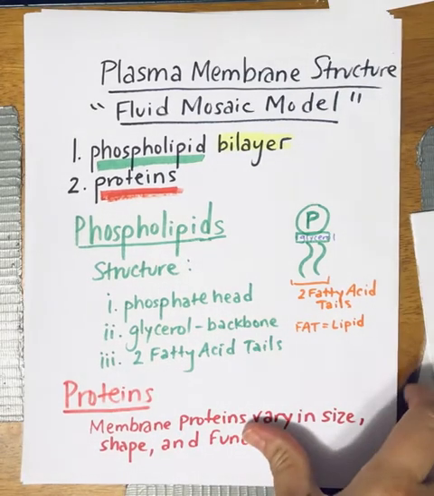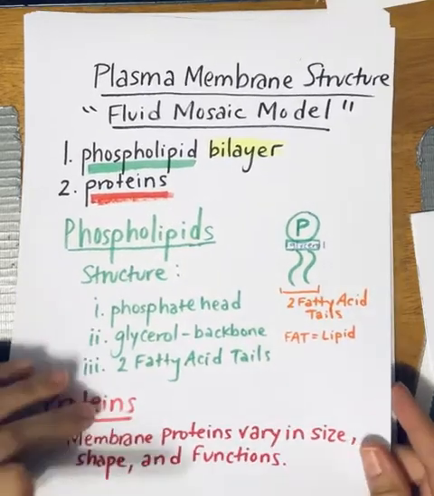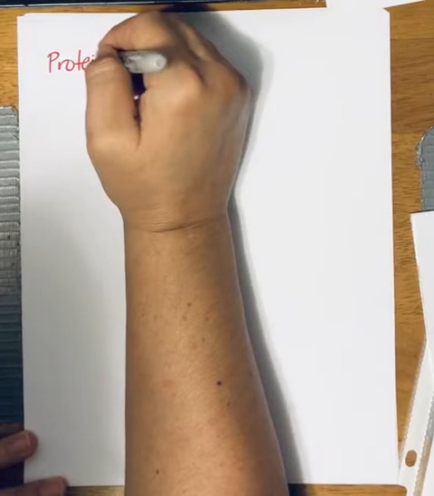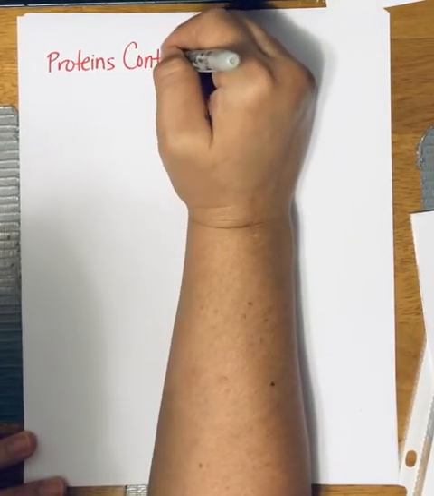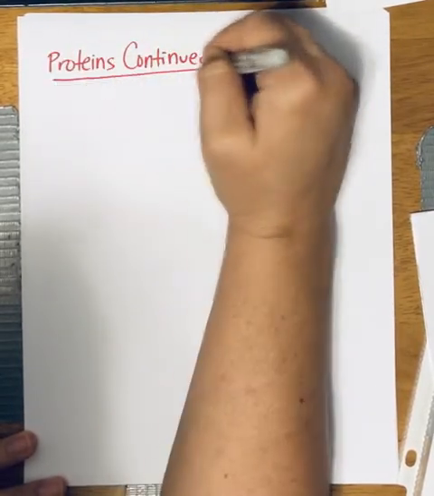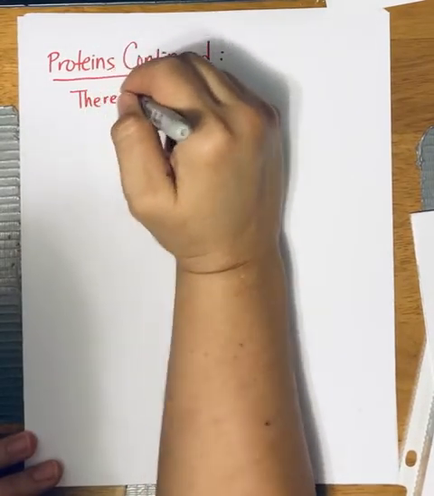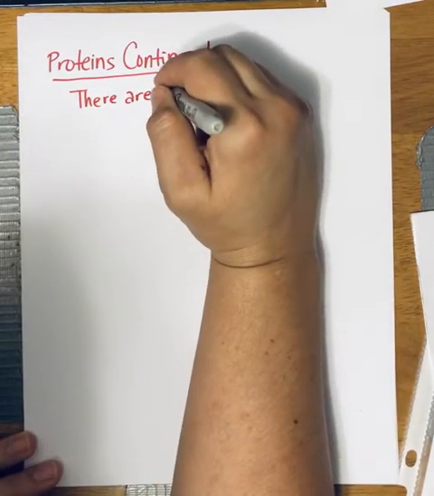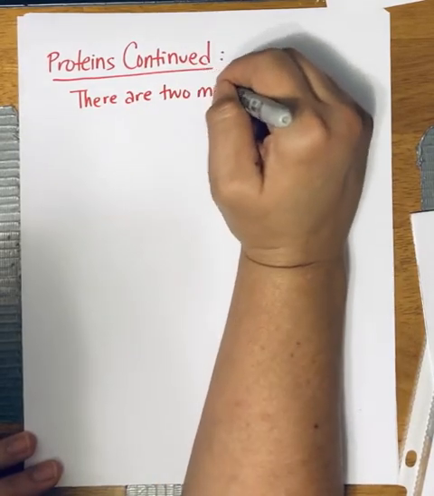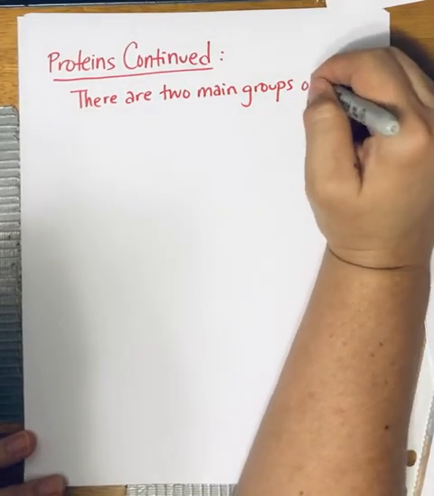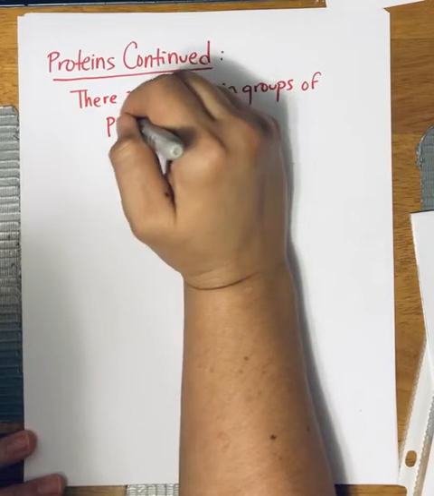Now, when we talk about proteins, this will be my next thing that I'll talk about. There are two main groups of proteins that we're going to draw when we draw the fluid mosaic model.